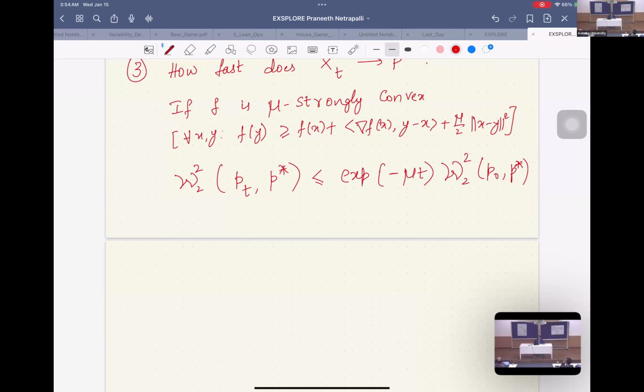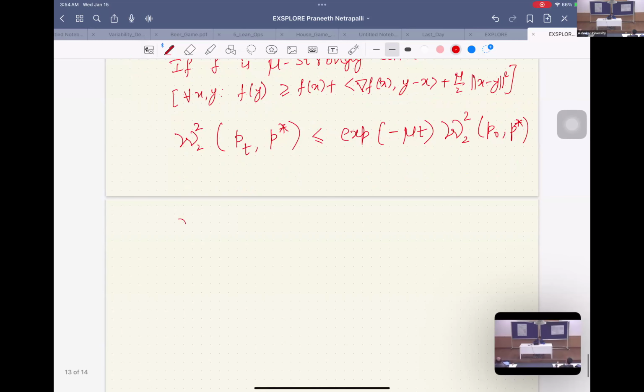So we have W2 squared of P0 and P star. Maybe I can just write what W2 squared is.